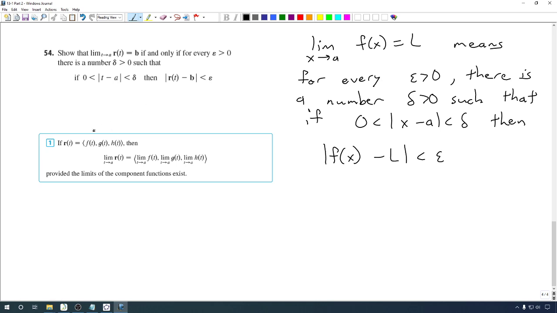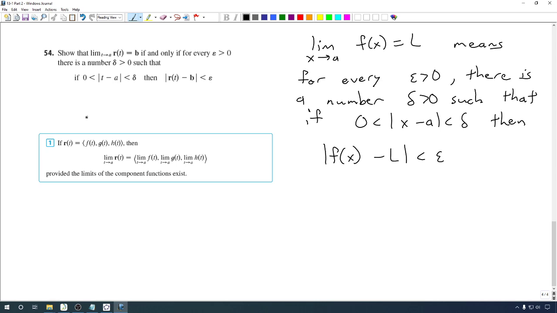So here's essentially a theorem that we can go ahead and prove from this definition. But this is what the book is actually putting forward as the definition of what the limit of a vector valued function is. Essentially, what this is saying is if you put your vector valued function into component functions, then the limit of that vector valued function is simply the limits of the three components, or two components in the case of a two-dimensional vector valued function, put together into a single vector.